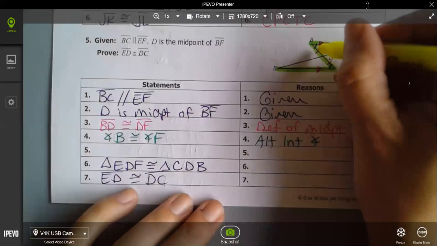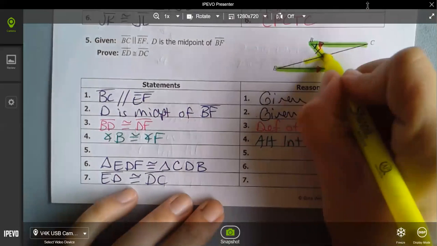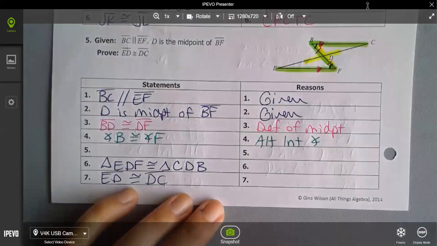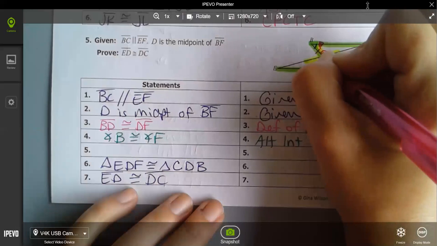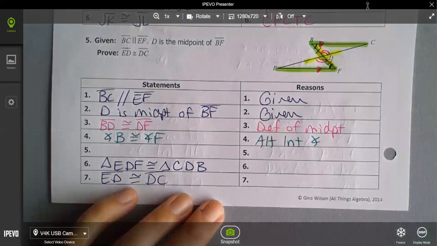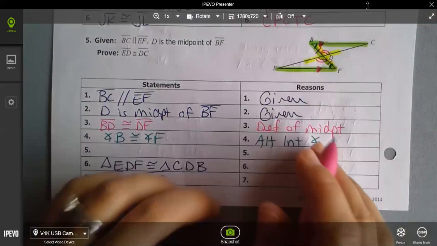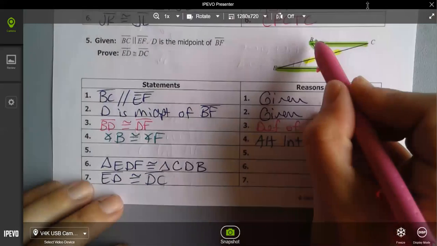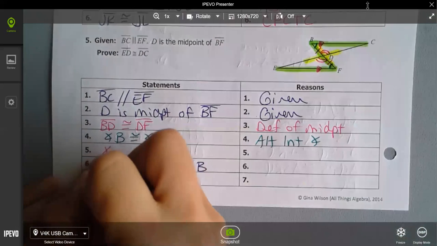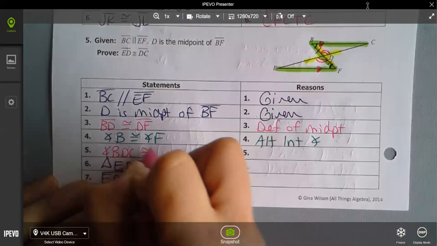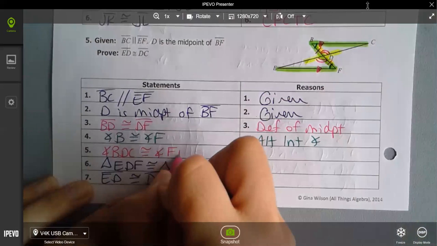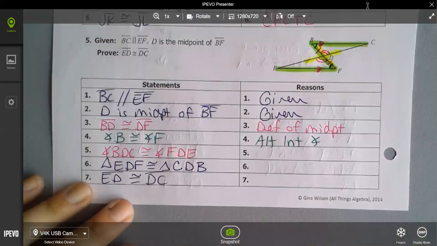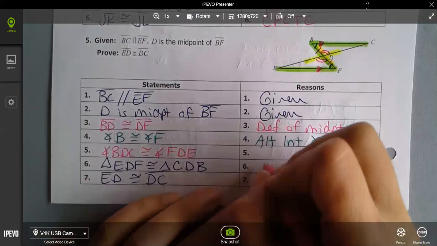Could we use that, vertical angles, to say that this one and this one are congruent? Sure can. Was that BDC congruent to FDE? And those are vertical angles.